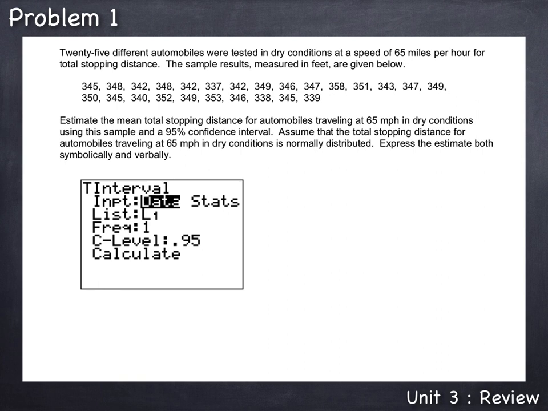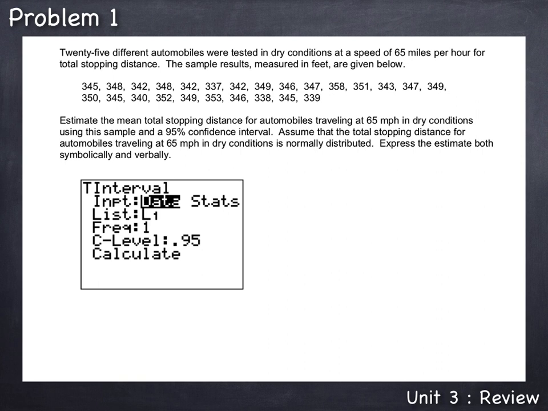Since we entered our data in list 1, we would tell the calculator this by entering in L1. We could do this by pressing second and the number 1. Enter. Freq, short for frequency, is typically 1, so we wouldn't have to change it. That's because each one of these data values we entered came from one automobile traveling at 65 miles per hour in dry conditions, and we measured their stopping distance.